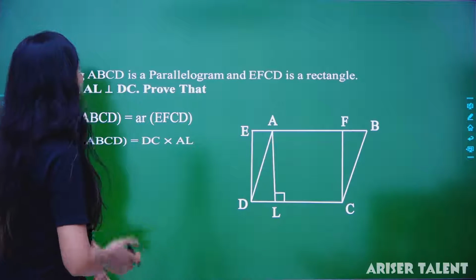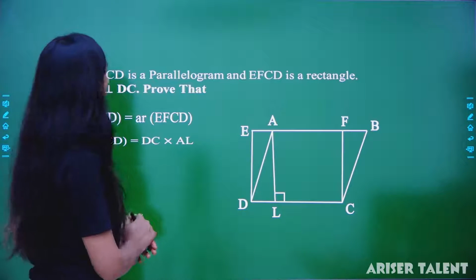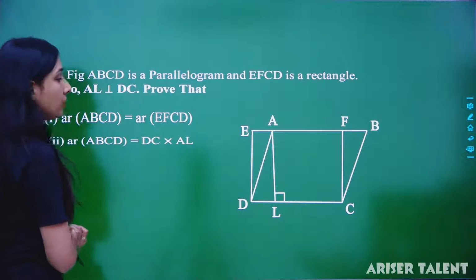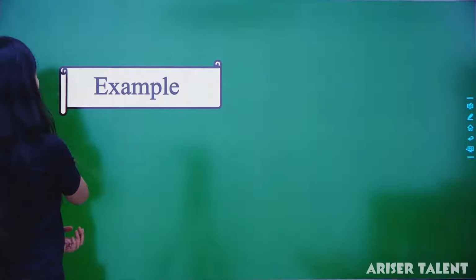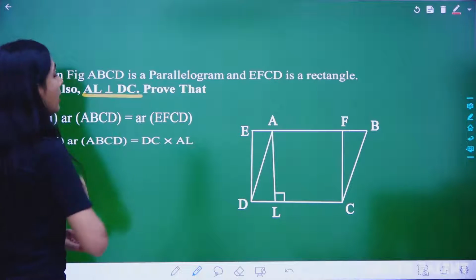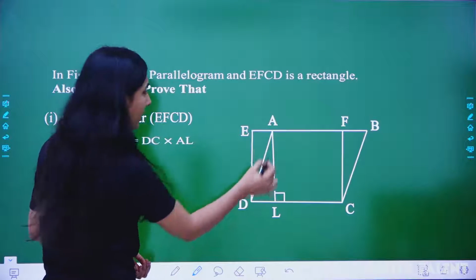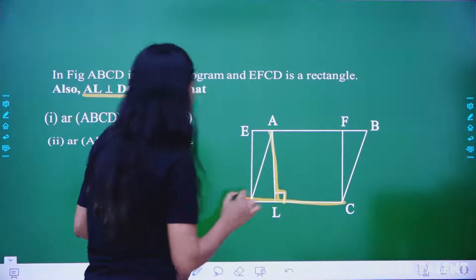Now, in this figure, ABCD is a parallelogram and EFCD is a rectangle. Also, AL is perpendicular to DC. This is given.